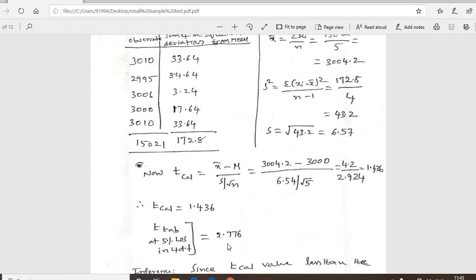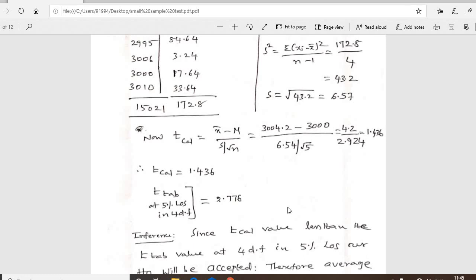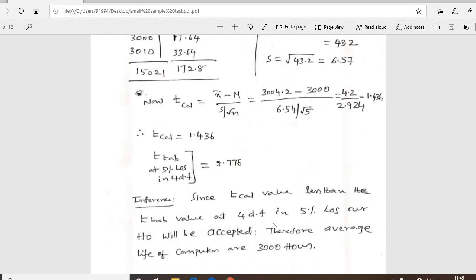Comparing this with our calculated value, the conclusion is that our calculated T value is less than the table value at 5% level of significance with 4 degrees of freedom. Hence our null hypothesis is accepted. Therefore the average life of computers is 3000 hours. So this is the conclusion.